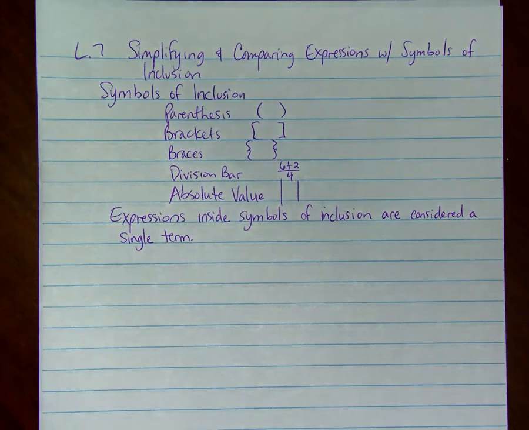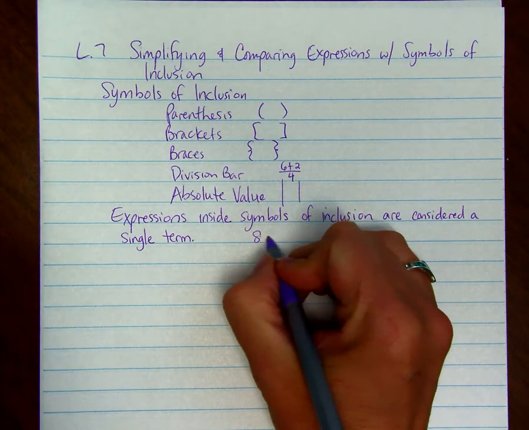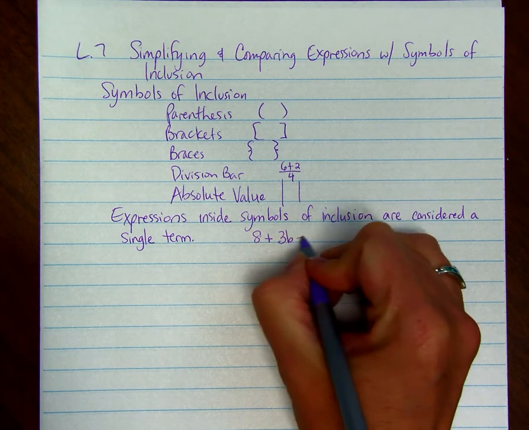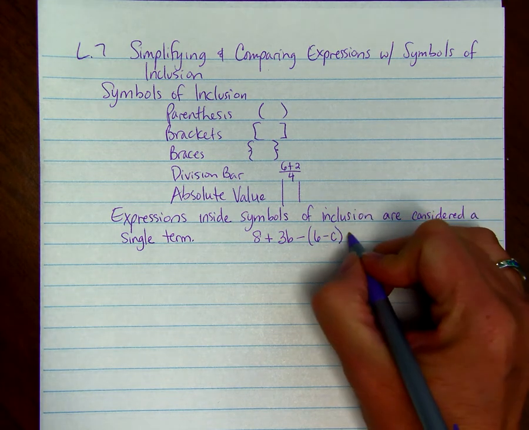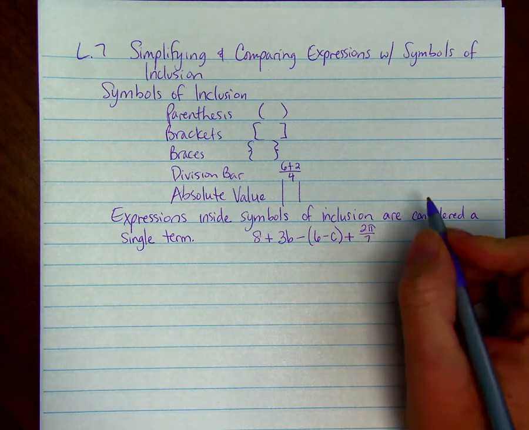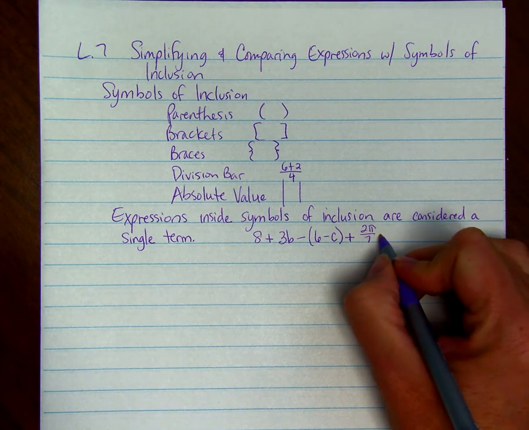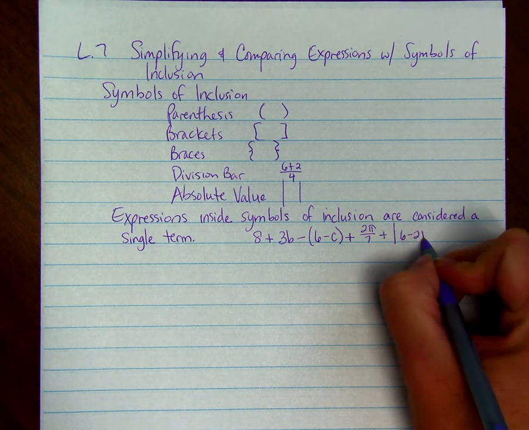So here's an example. If you had a plus 3b minus 6 minus c in parentheses, plus 2 pi over 7, plus the absolute value of 6 minus 21.